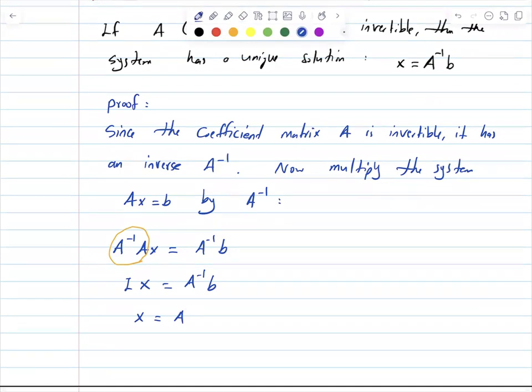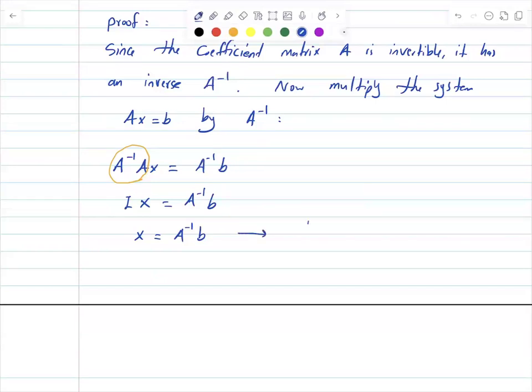But remember that we said the inverse of a matrix is unique. So you have a unique matrix on the right-hand side, and it's multiplied by B. B is also fixed, so you get a unique value. Note that since the inverse of A is unique, inverse of A multiplied by B is also a unique matrix.